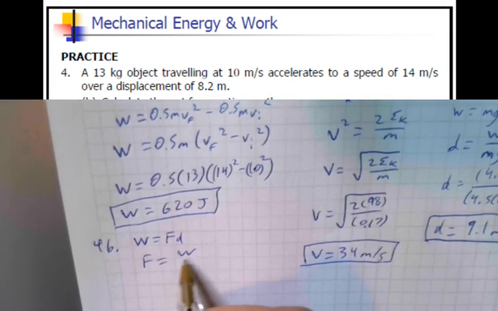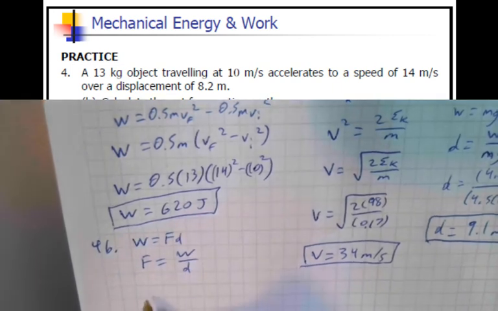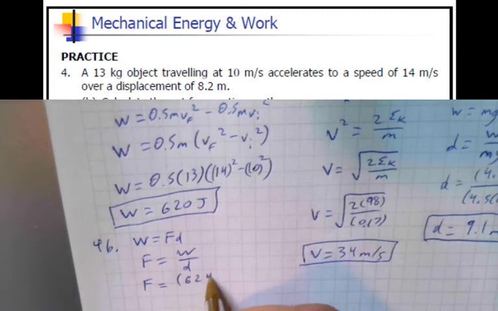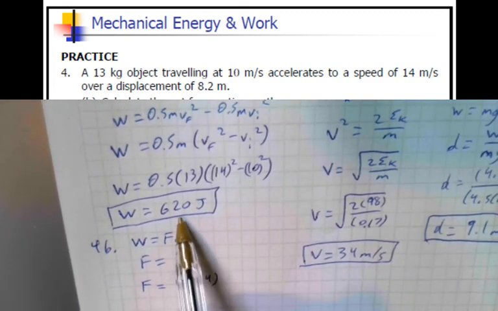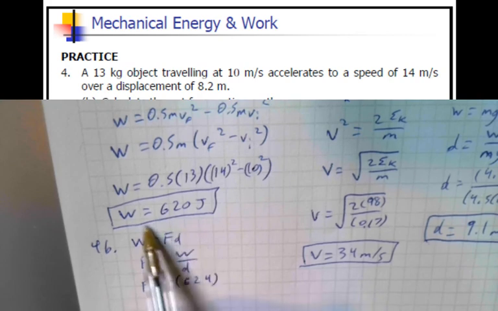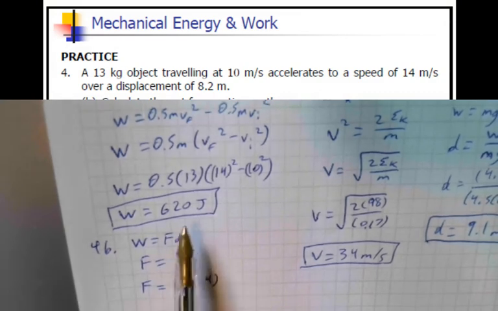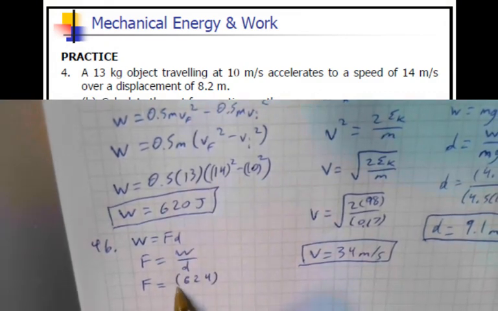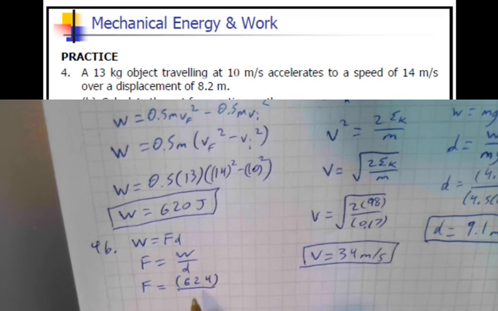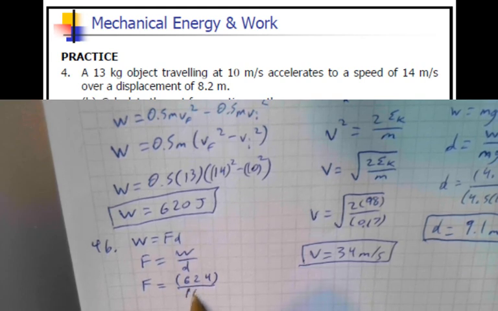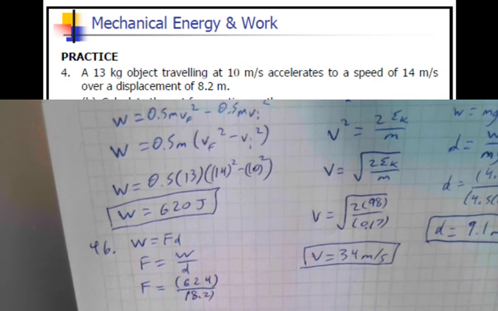Force is equal to work over displacement. We need to substitute in the exact value of 624, not our rounded value up here, what's called our reported value. The reported value has to be based on the significant digits in our measurements that are given. But when we're doing intermediary calculations like this, we need to use the actual calculated value of 624. Then we have to divide by our displacement, which is 8.2.